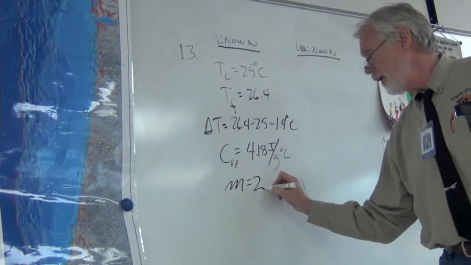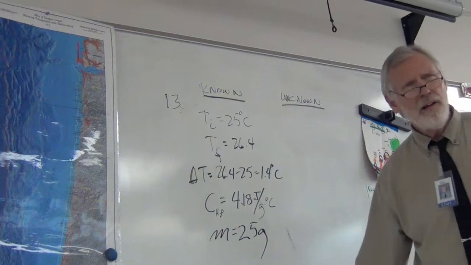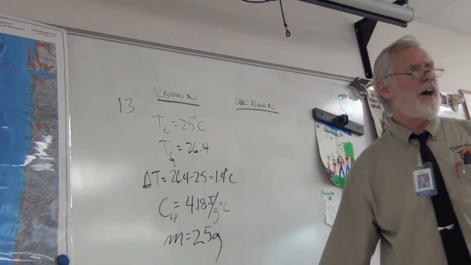It's 25 milliliters of water. We know the density of water is 1 gram per milliliter. So our mass is equal to 25 grams. Did you follow? Raise your hand if you didn't get that. So everybody got that. All right.